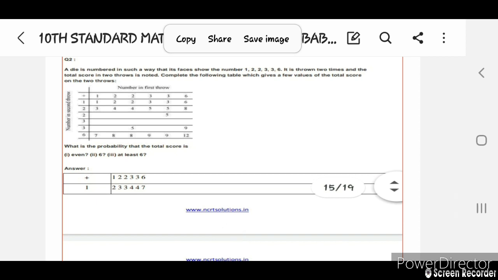It is thrown 2 times and the total score in the two throws is noted. Complete the following table, which gives a few values of the total score. What is the probability that the total score is even?